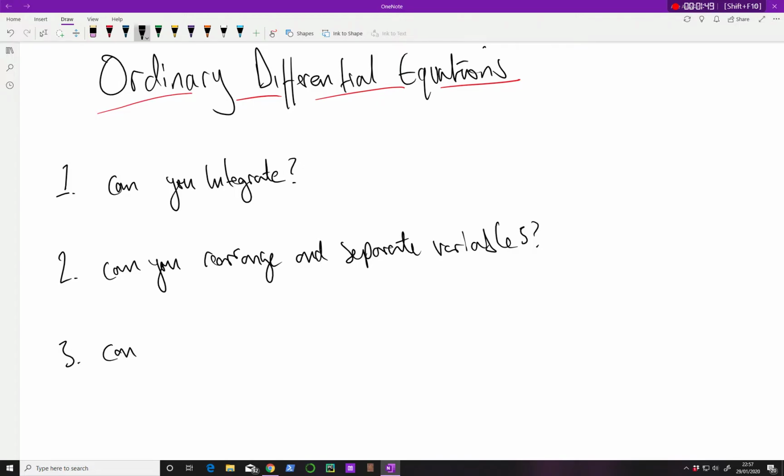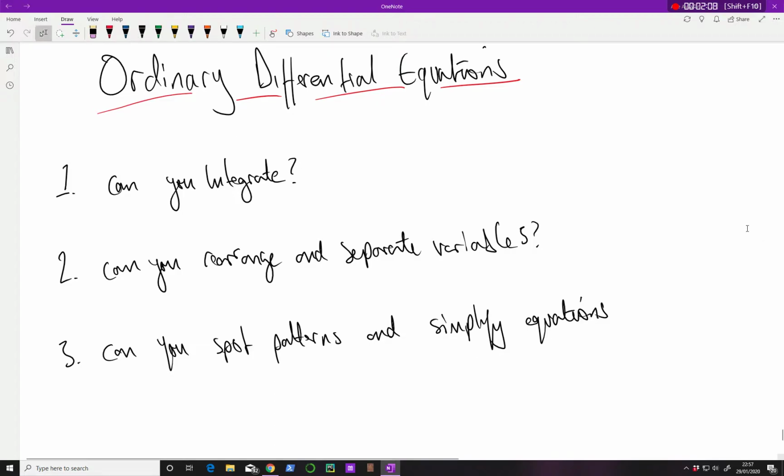So, can you spot patterns and simplify equations? Okay. Now, as we go through some very basic examples to explain some of the core concepts of ordinary differential equations, these 3 points will make a lot more sense.